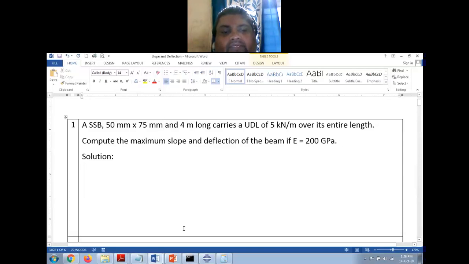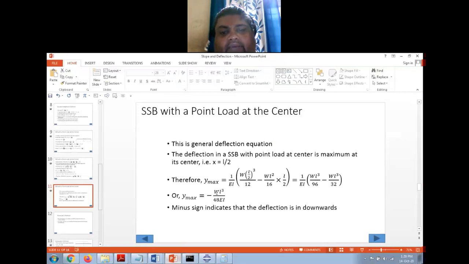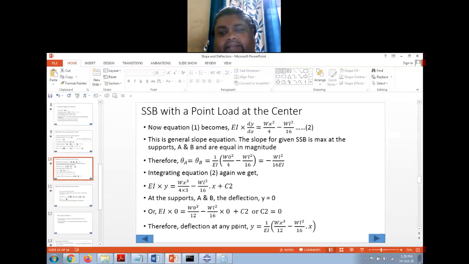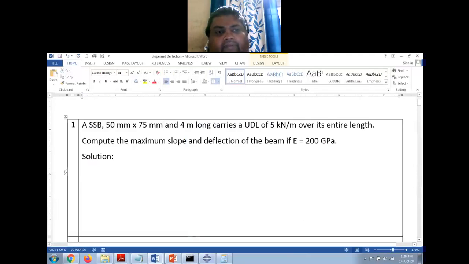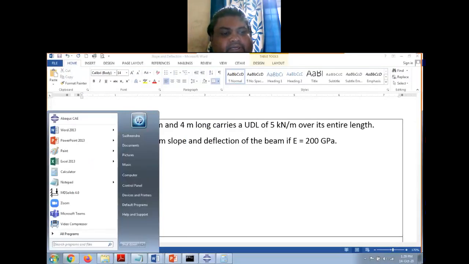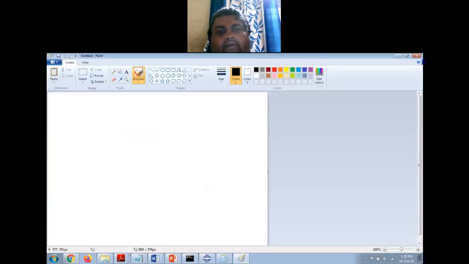So you have to just use these equations what we have derived just now, right? And you can find the value of slope and deflection. Now in this, let me just quickly draw the figure for this.